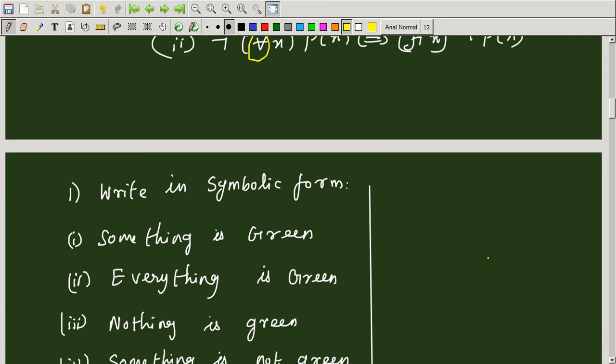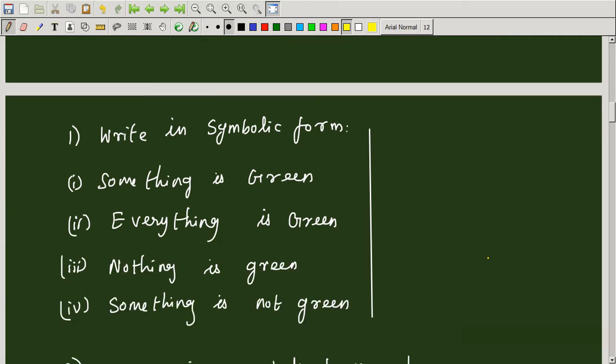And now we are going to see some problems for predicate calculus. Write in symbolic form: something is green, everything is green, nothing is green, something is not green. Everything is based on green, so let g of x be x is green.